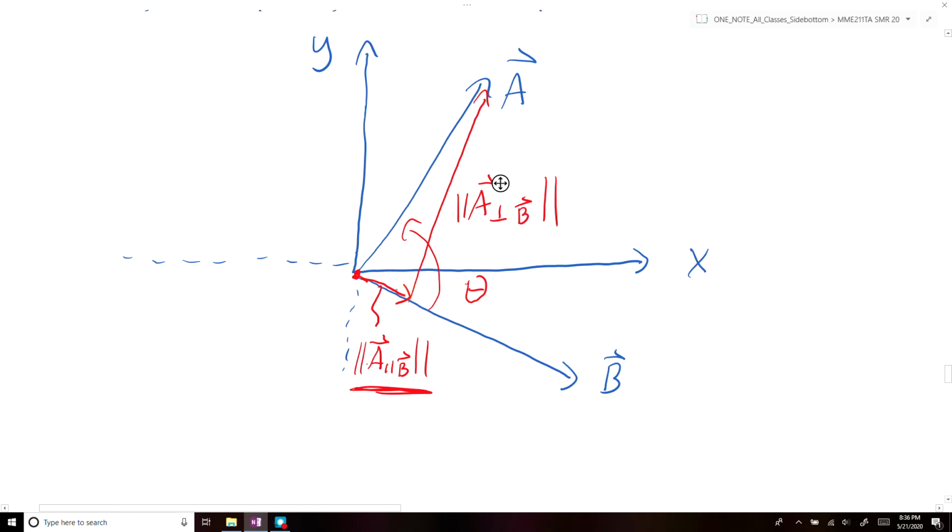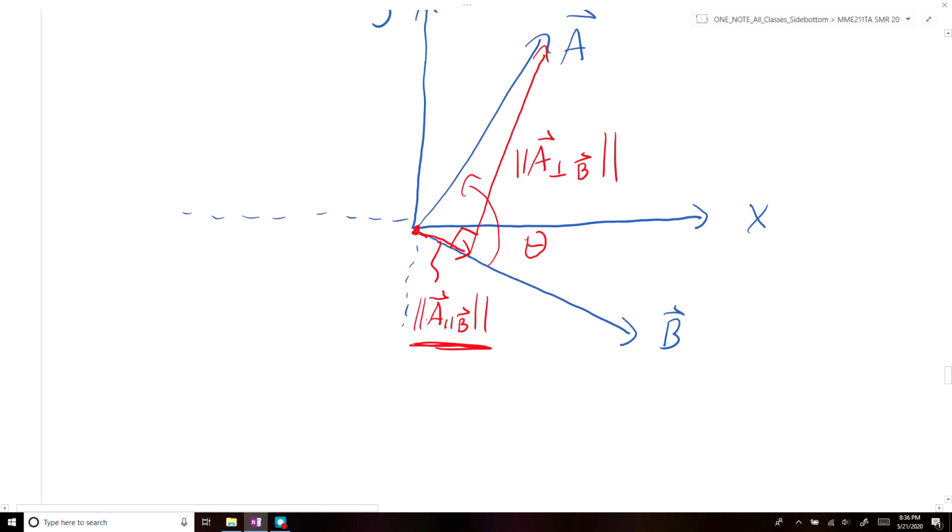We're first going to calculate the parallel component, which is a little simpler to do.